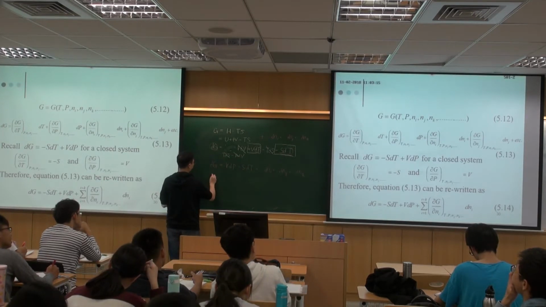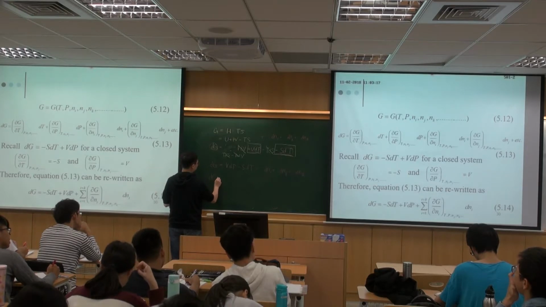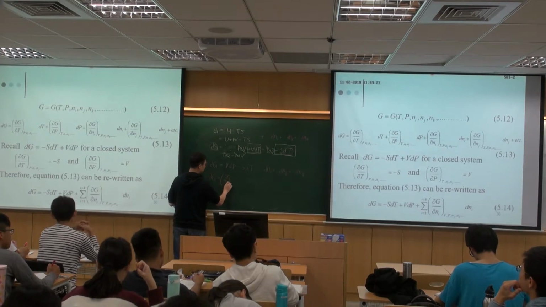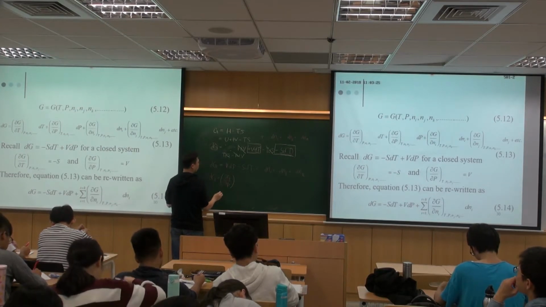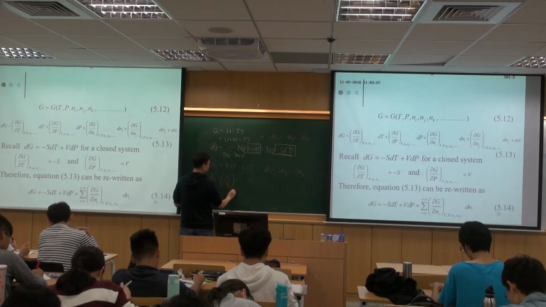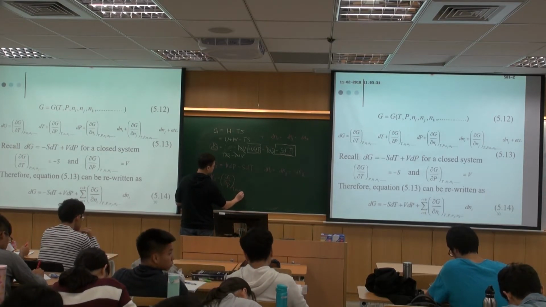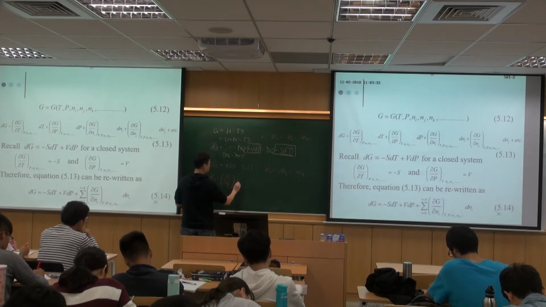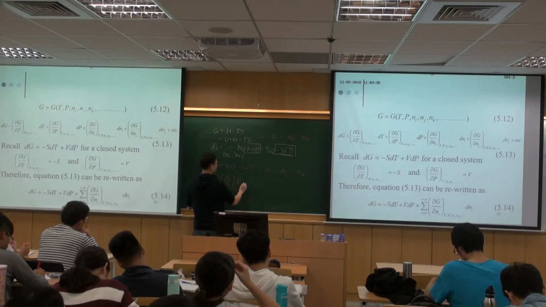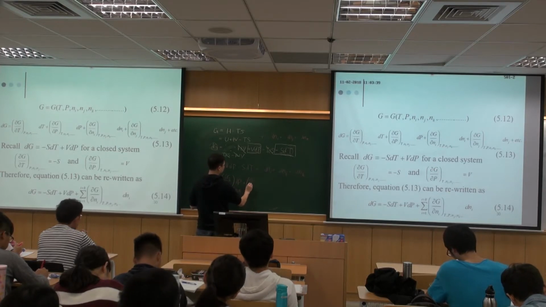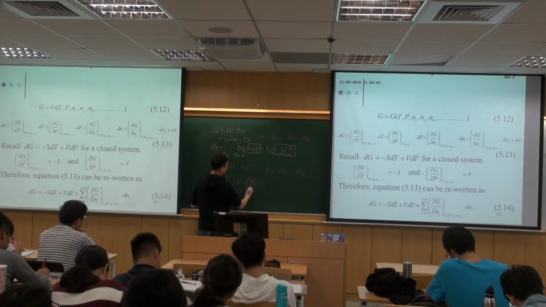But we also know that the expression for this is partial P. And in this case, temperature is fixed, and all the species are fixed. Right? And then we also have this partial differential against temperature.